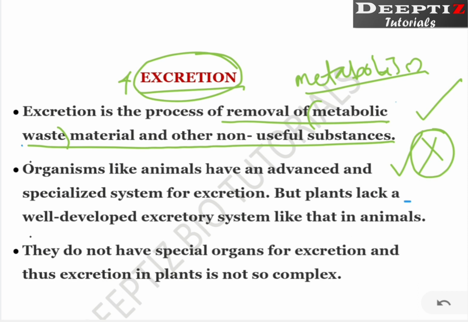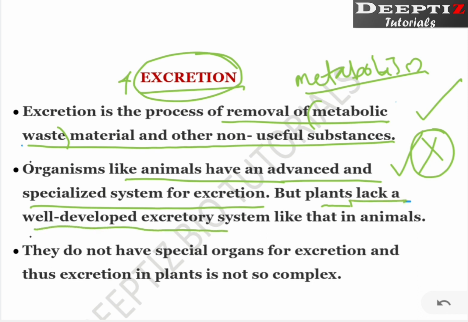Now is it only humans performing excretion? Not only animals, those who have an advanced or specialized system for excretion; plants also excrete, but they lack a well-developed excretory system, which means plants also perform excretion but not through a system.